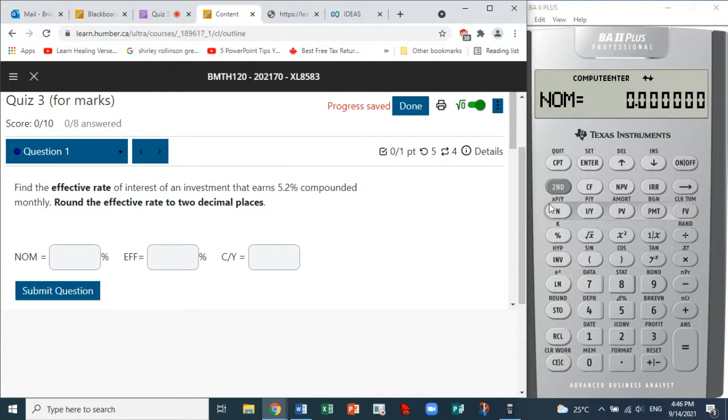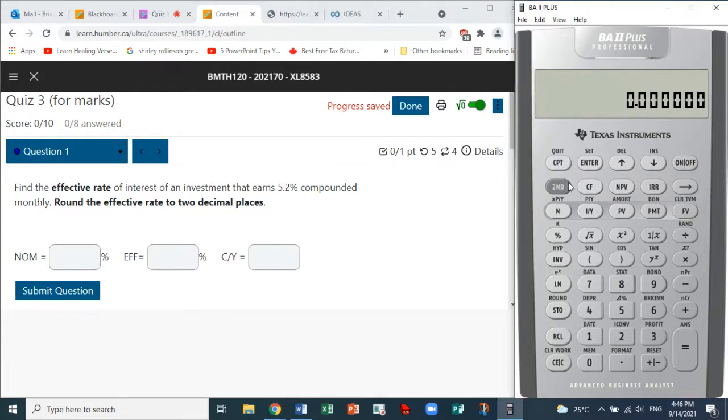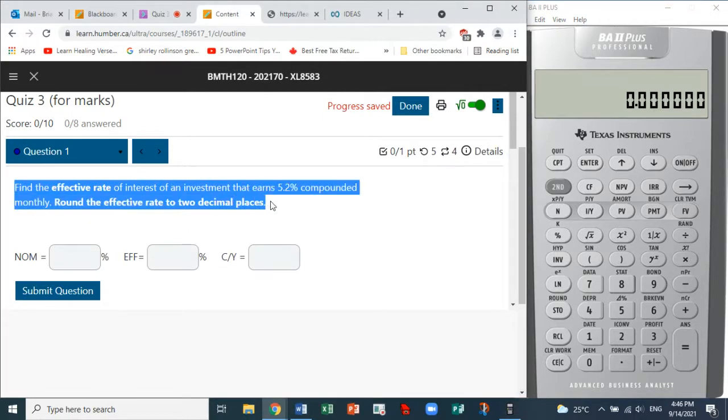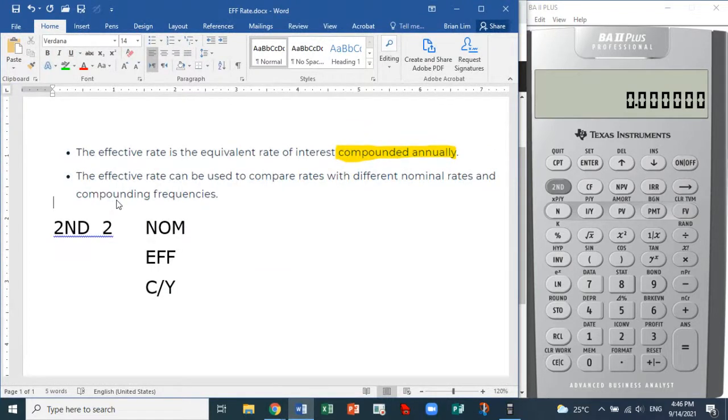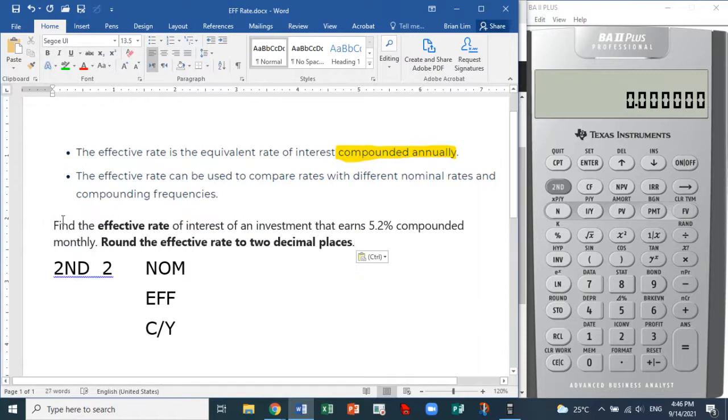All right, so there's something new we need to learn on our calculator, and that is to go to second 2. We can copy this if we wish, and then go down and paste what we have there: find the effective rate.